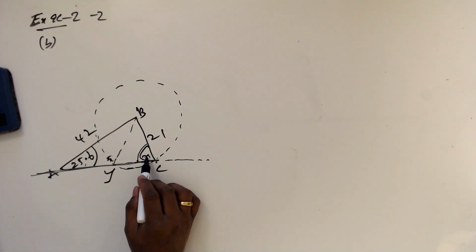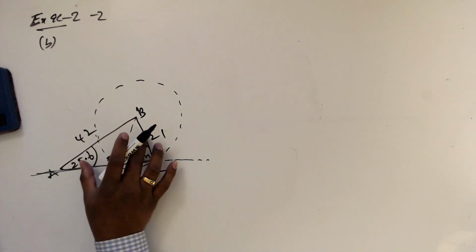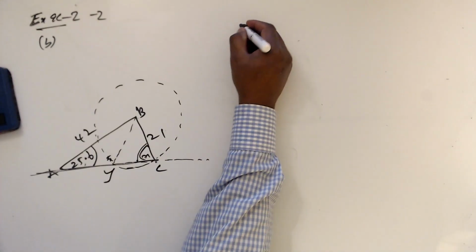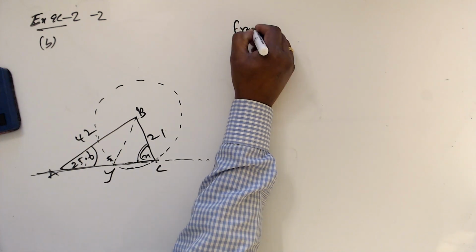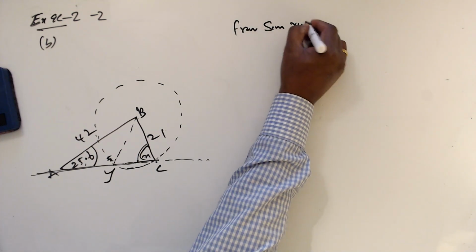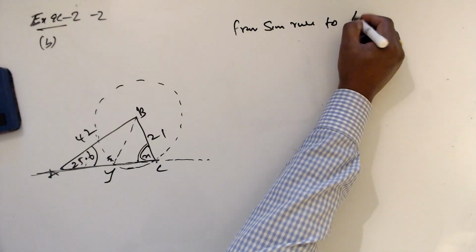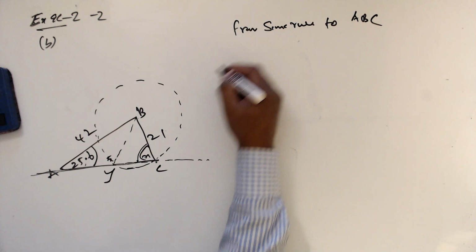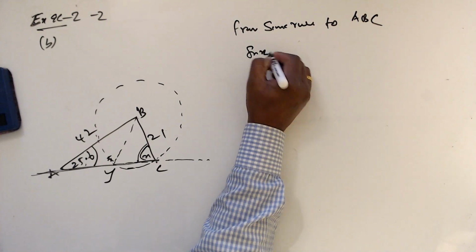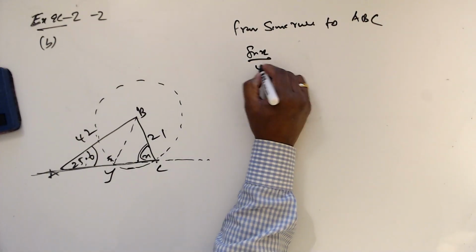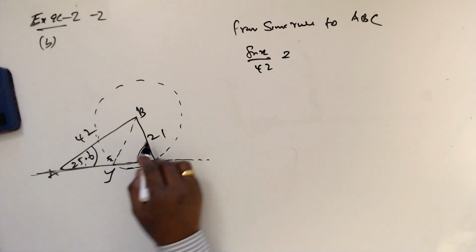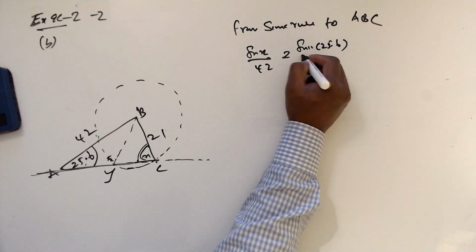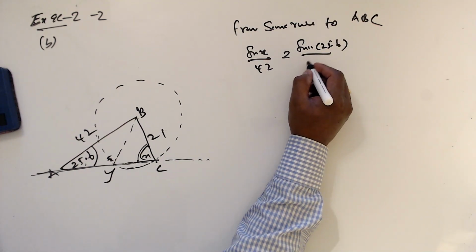Now let's find this angle first. I know this pair, and when you consider 40, I can find x from the sine rule. From the sine rule in ABC, sine x over 42 equals sine 25.6 over 21.